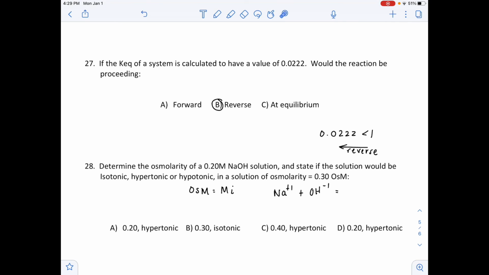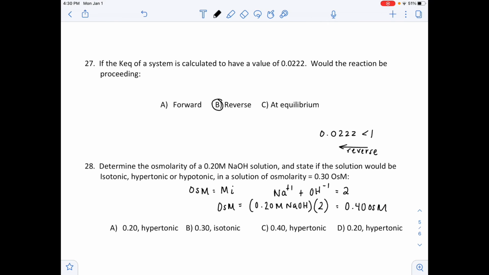So altogether, you're going to add these together, and you're not even going to look at the signs on this. In this case, you're just going to look at the number of the charge. So here there's a 1, and it's being added to a 1 here. So total, you're going to have 2. So then we plug in our values into the formula. So OSM equaling 0.20 M NaOH being multiplied by 2, which is going to equal 0.40 OSM.